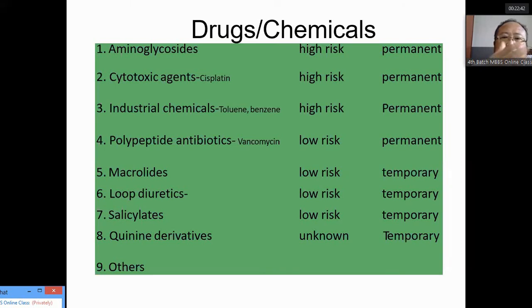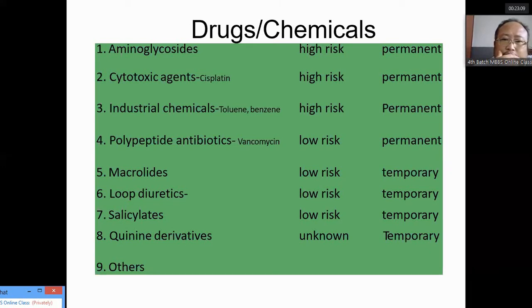Aminoglycosides are high risk and may cause permanent damage. Cytotoxic drugs, meaning anti-neoplastic drugs, especially cisplatin, are very much known for high risk of permanent damage to the inner ear.